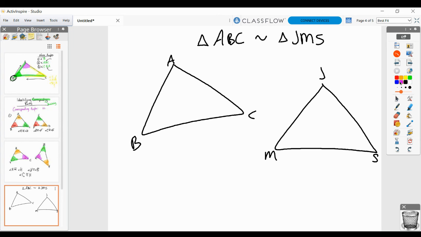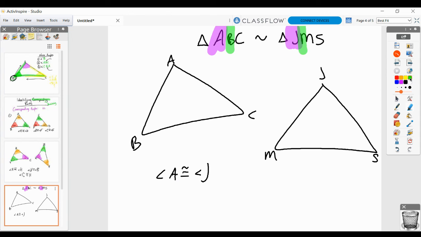What we can do is follow the order of the letters. Whatever letter comes first in the first triangle will match up with the letter that comes first in the second triangle. So angle A is going to match angle J because they're both listed first in the name.